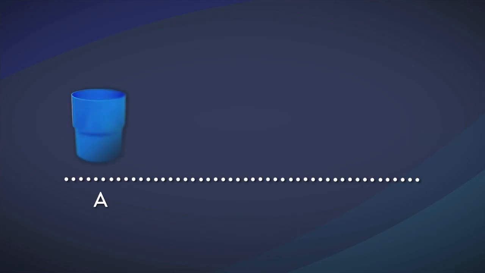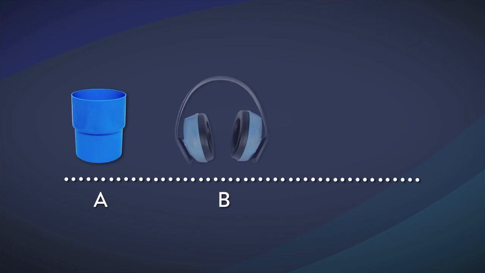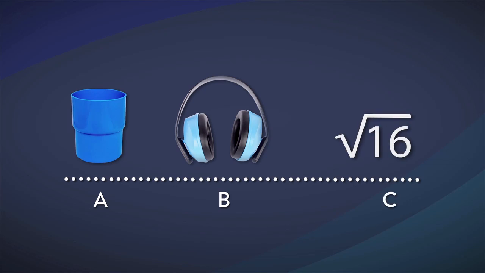Now, if A was a blue thing and B was a slightly more greenish blue thing and C were the square root of 16, it wouldn't work. You cannot compare three things that are not on the same scale, that are not measurable by the same unit.